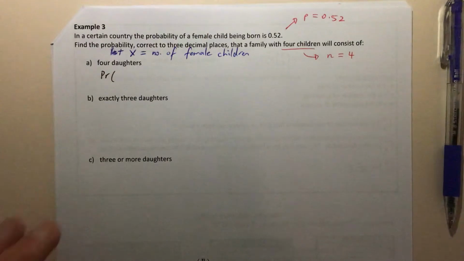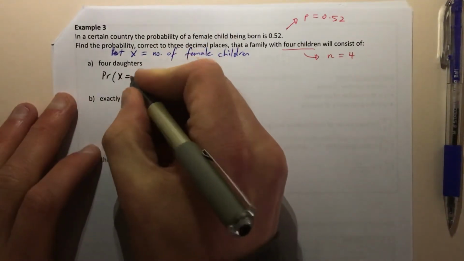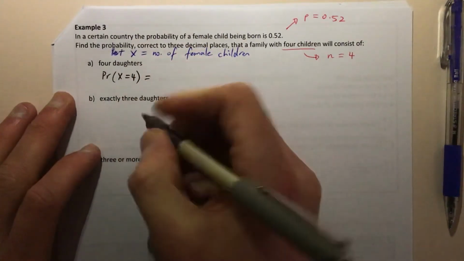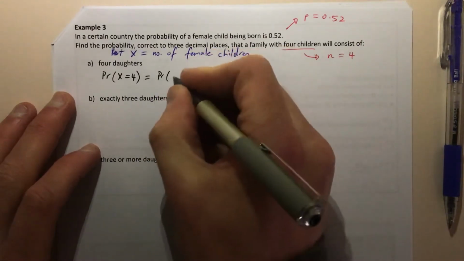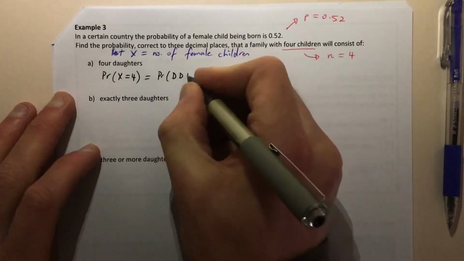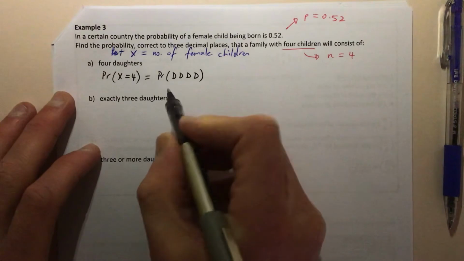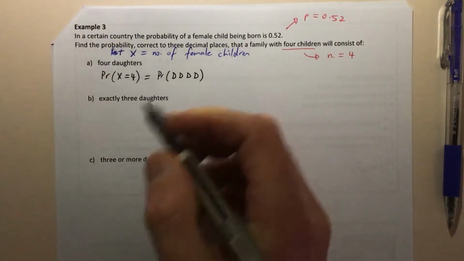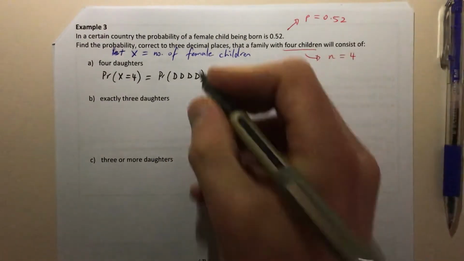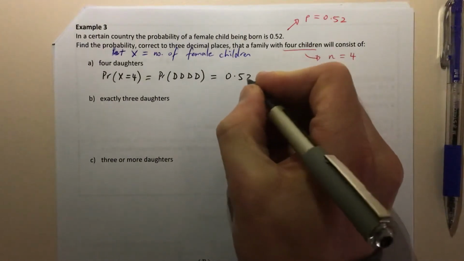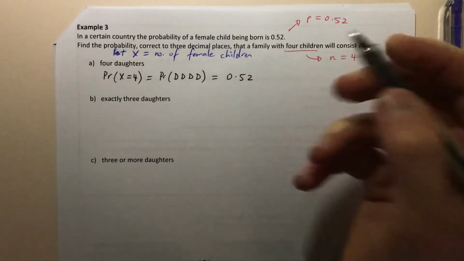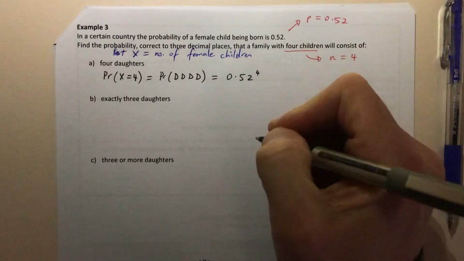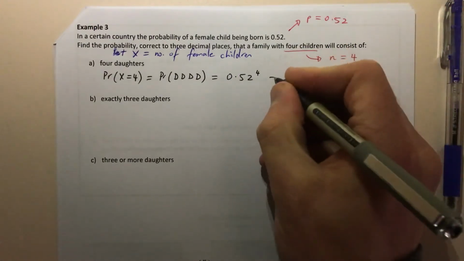So the probability that x would equal 4 is really the probability that we get daughter, daughter, daughter, daughter, 4 times in a row, which is 0.52 times 0.52 times 0.52 times 0.52, it's just 0.52 to the power of 4. Right, we want it to happen 4 times in a row.